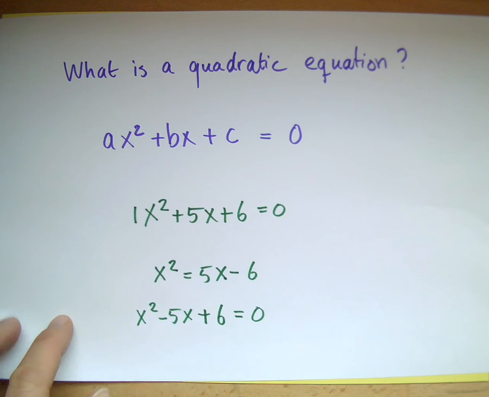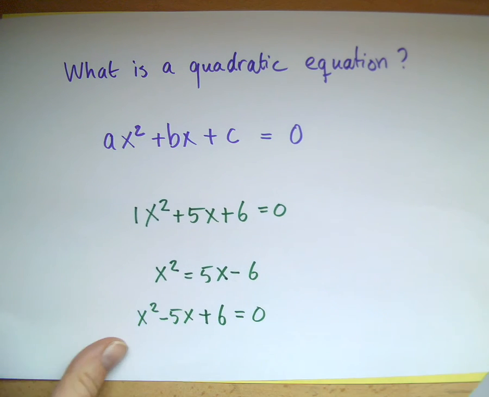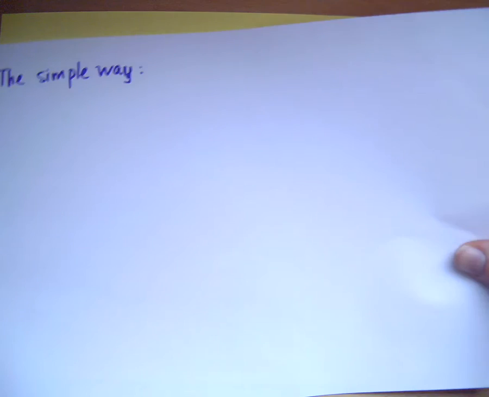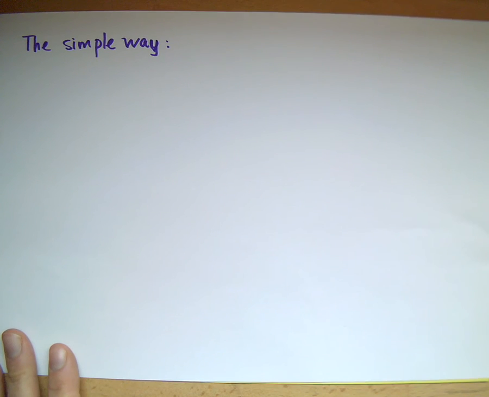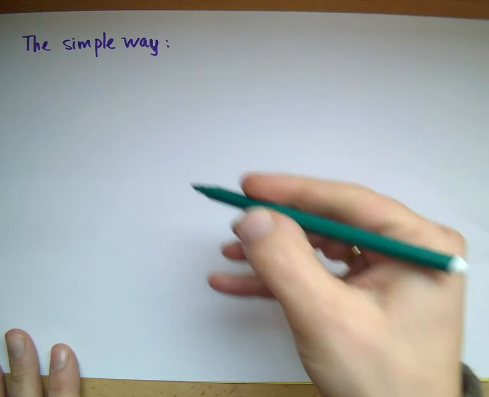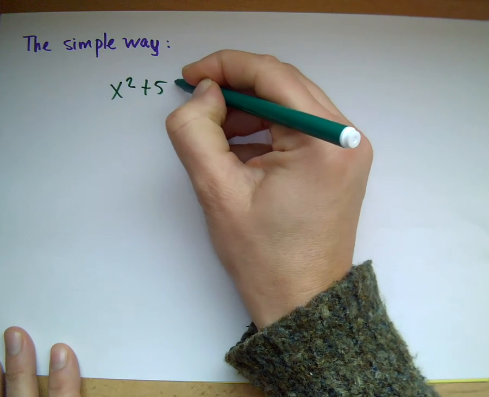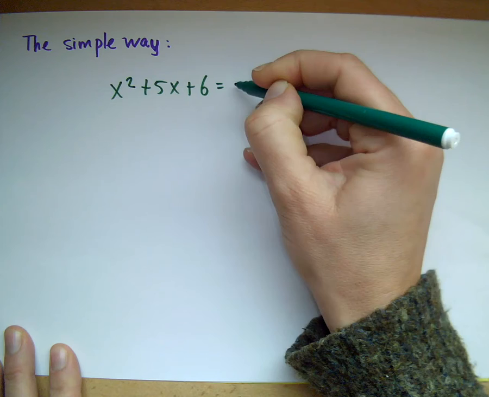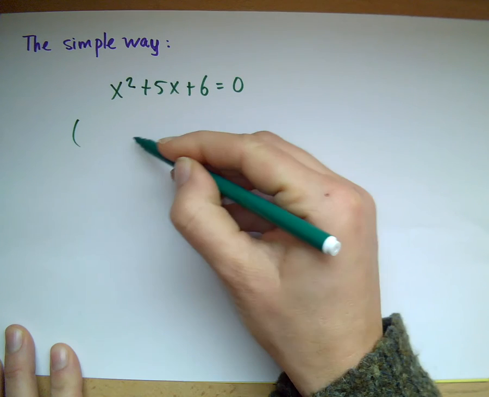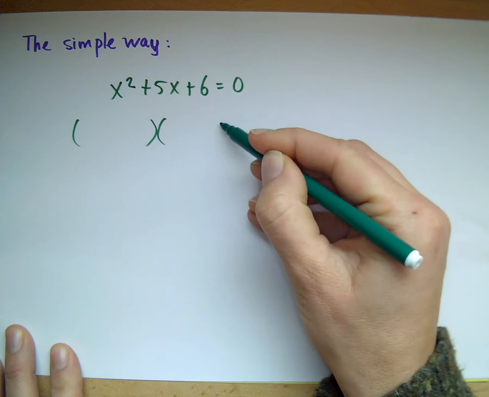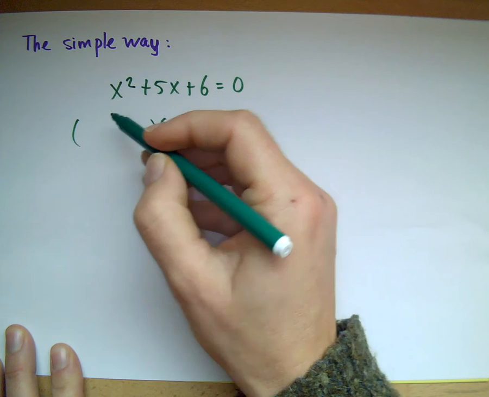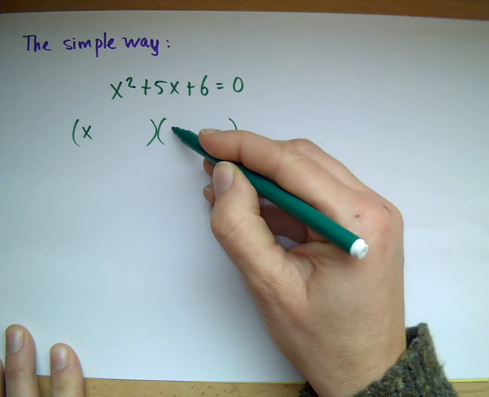Okay, let's pick this one just to remember how we learned to solve quadratic equations the simple way. This was x squared plus 5x plus 6 equals 0. Remember, this is easy because it's just x times x.